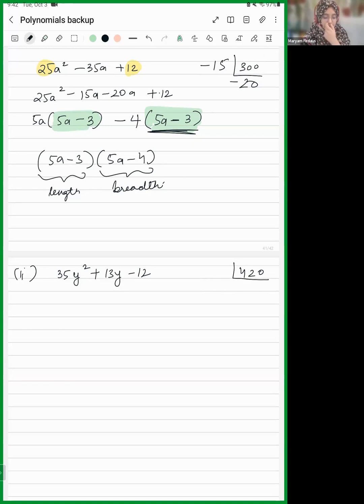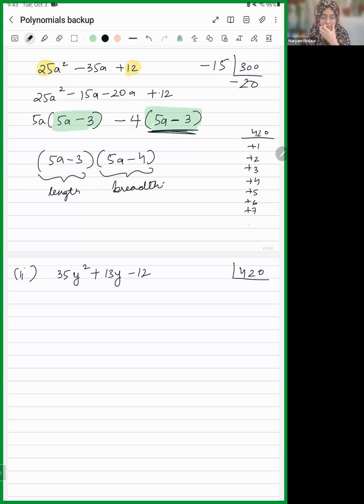Think about it. Think. See, think about all the factors of 420, okay? So you have 1, obviously 1 is not going to happen, plus minus 1, plus minus 2, plus minus 3, plus minus 4, plus minus 5, plus minus 6, plus minus 7.